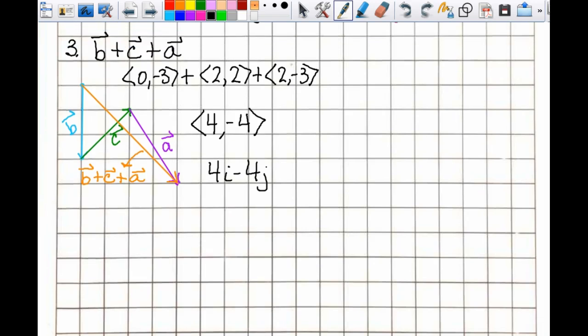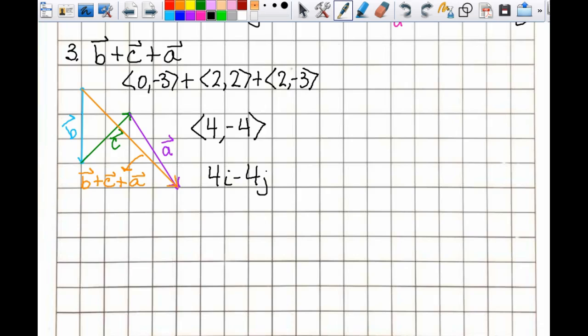All right. Number 4 then. This is going to be A plus B minus D. So remember, when you subtract, it's the same as adding the opposite.